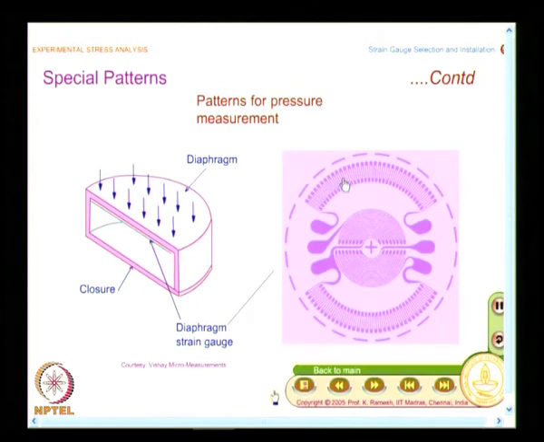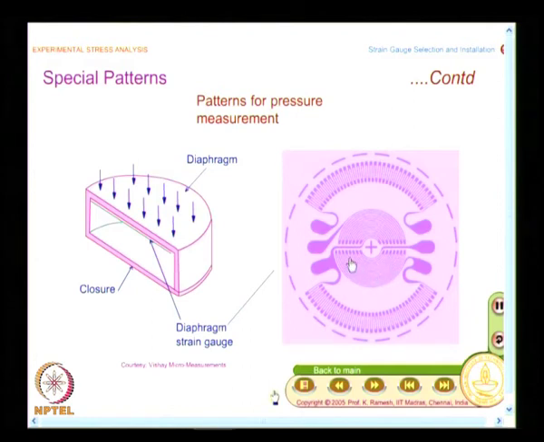And you have one set of patterns which are radial like this. What is the component of strain that this will sense? It will sense the radial strain, because it measures only strain along the gauge length. You have another set of patterns which are circular.